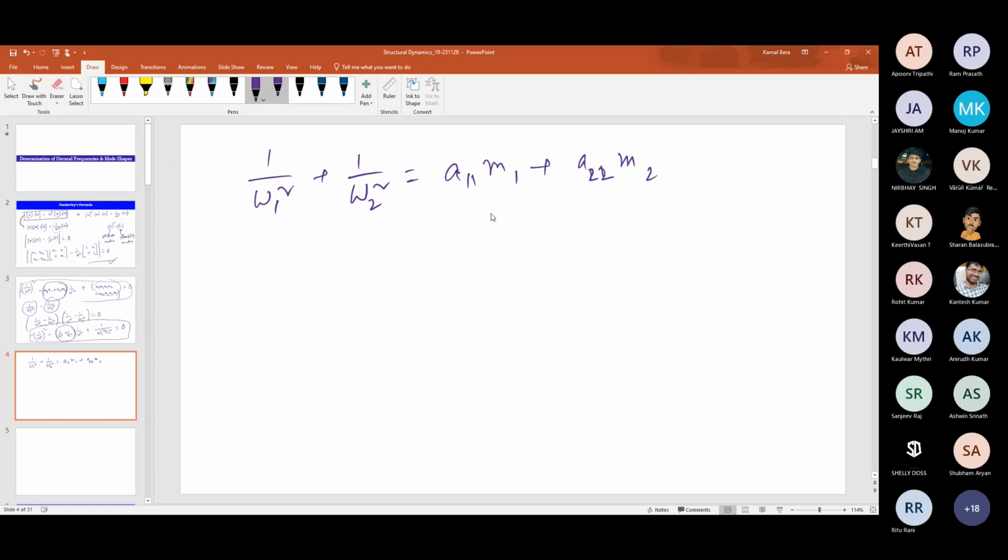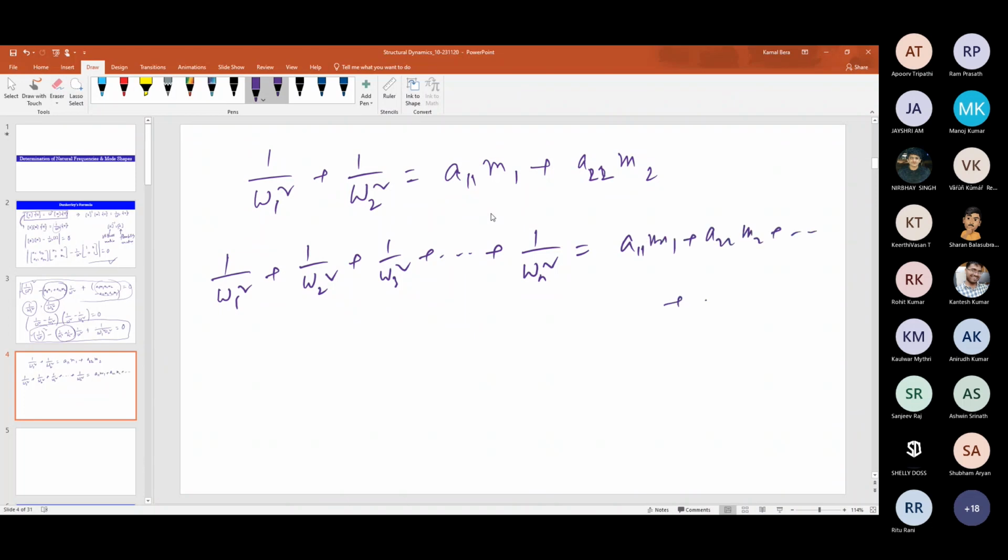Very simple. So similarly for an n degrees of freedom system, it will be 1 by omega 1 square, 1 by omega 2 square, 1 by omega 3 square, so on and so forth, 1 by omega n square, equals A11 M1, A22 M2, so on and so forth, ANN MN.